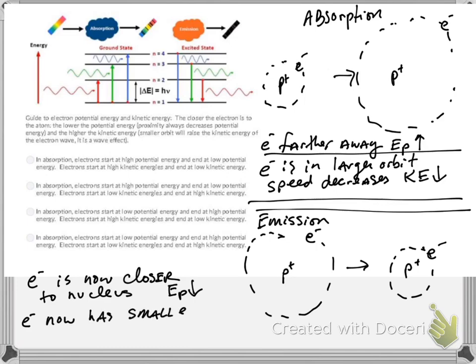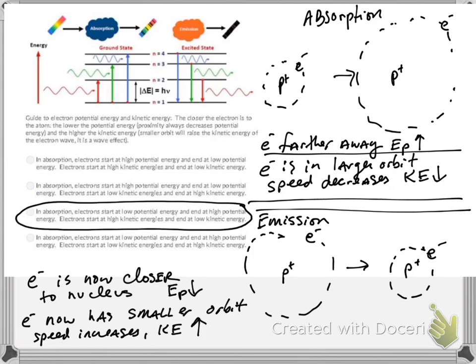The electron now has gone from a larger orbit to a smaller orbit, and so the speed increases and the kinetic energy must increase. So the smaller orbit, speed increases, kinetic energy increases. Just keep in mind that in emission and absorption, potential energy and kinetic energy go in opposite directions.